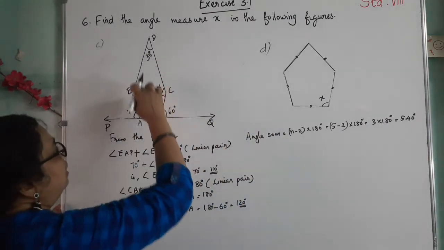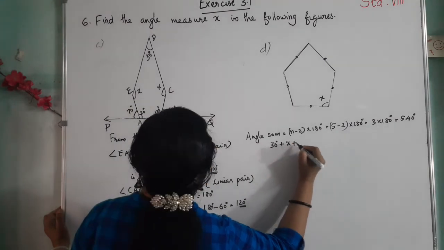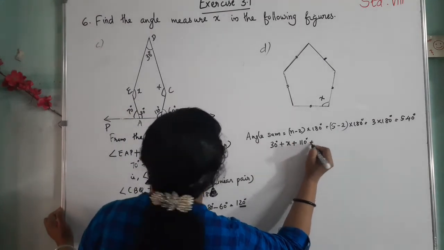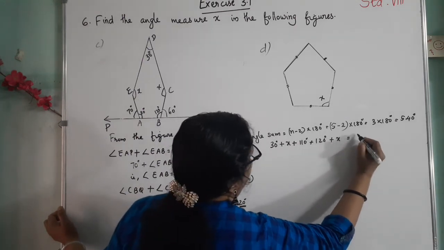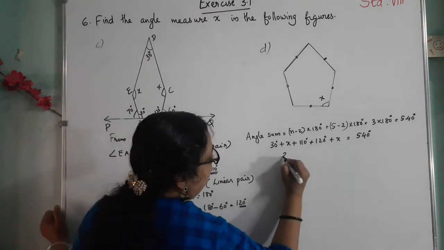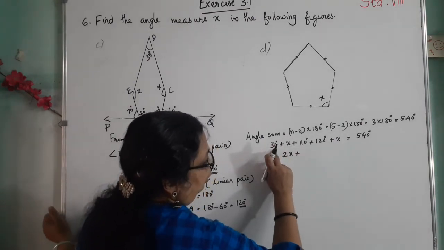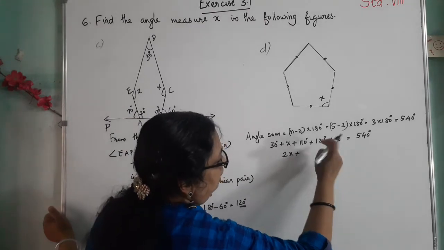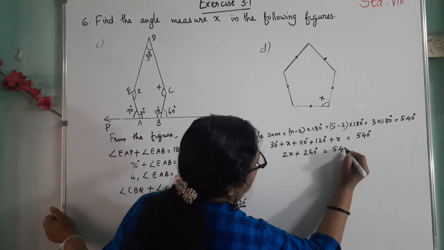Then we can write 30 plus 30 degrees plus x plus 110 degrees plus 120 degrees plus x equals 540 degrees. Here x plus x is 2x, plus 110 plus 30 is 140, plus 120, that is 260 degrees, equal to 540 degrees.